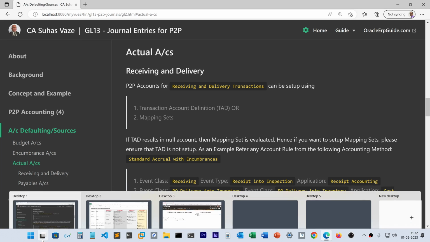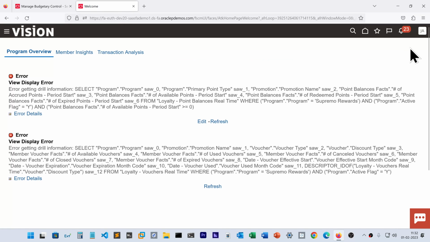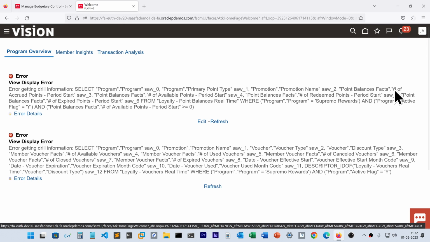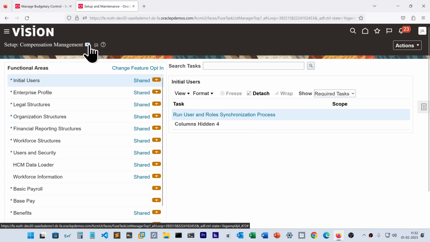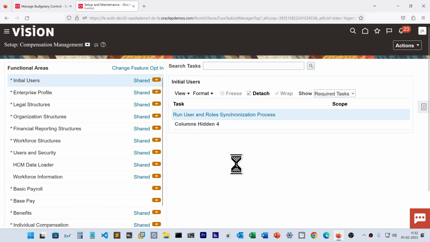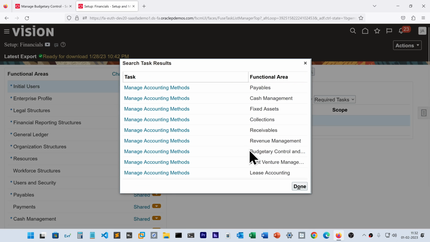So let us go to the instance and go to setup and maintenance, financials, manage accounting methods, and let us go to say payables.